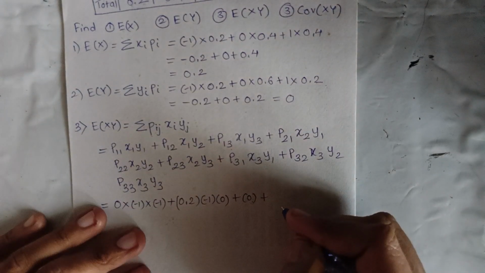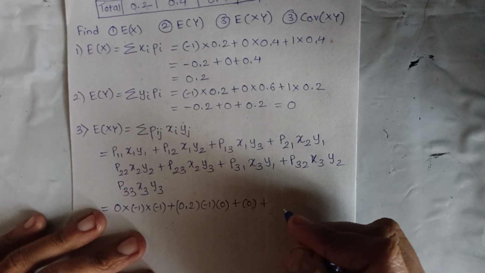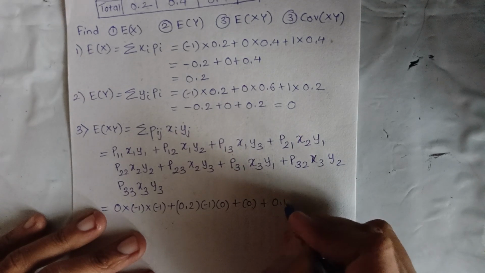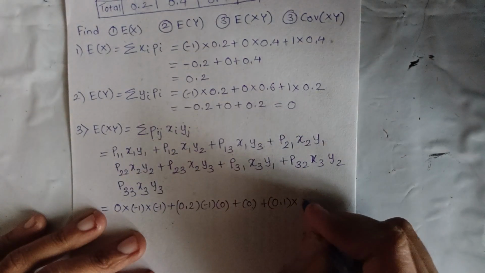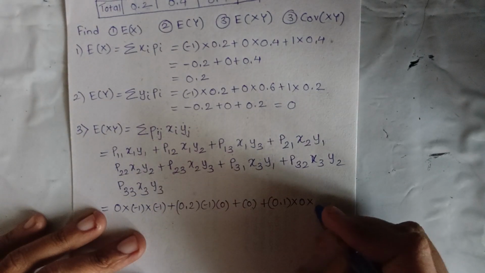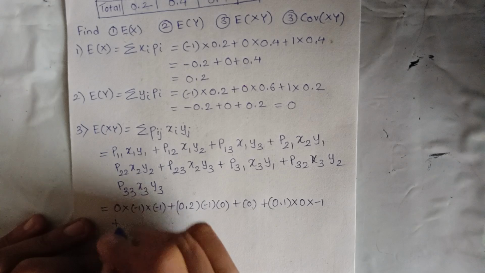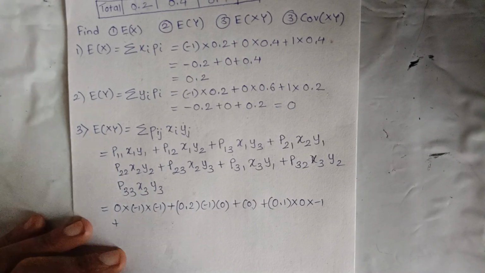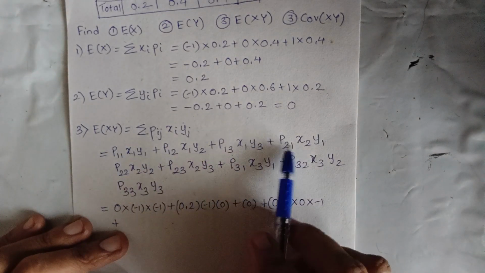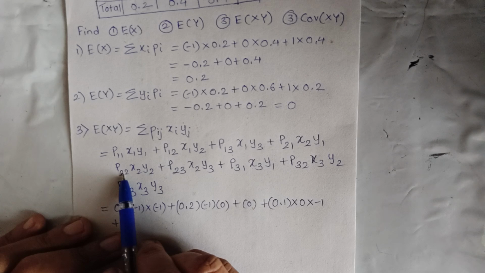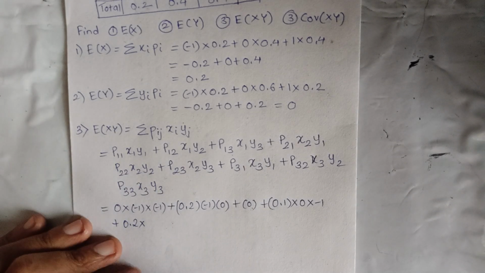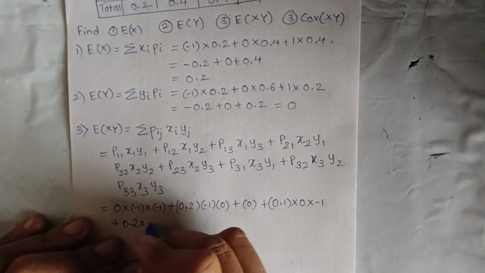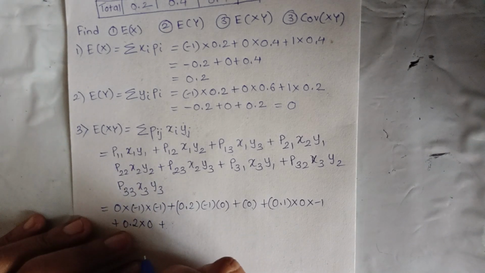P of 2, 1, x2 and y1, it is 0.1. x2 is 0, y1 is minus 1. Okay. P of 2, 2, 0.2 into 0. So this will be also 0.